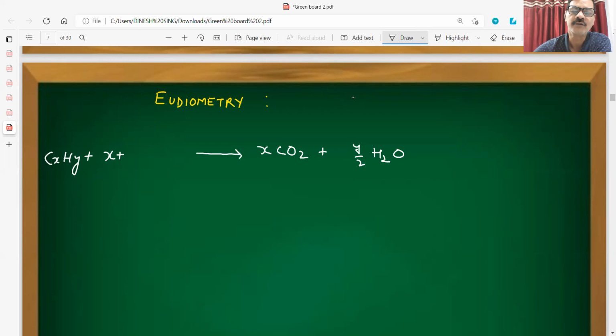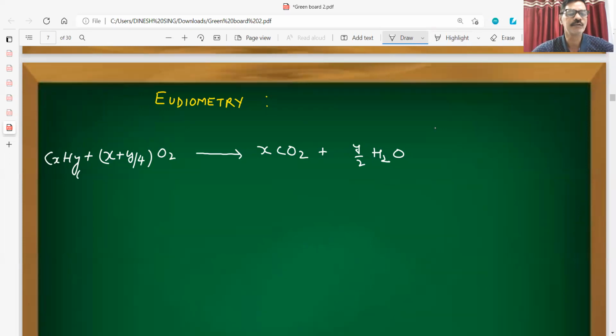That is, molecular oxygen will be y by 4, because in oxygen 2 atoms are there, here only 1 atom. So to obtain this, the moles of O2 required will be x plus y by 4. This is the complete balanced equation.